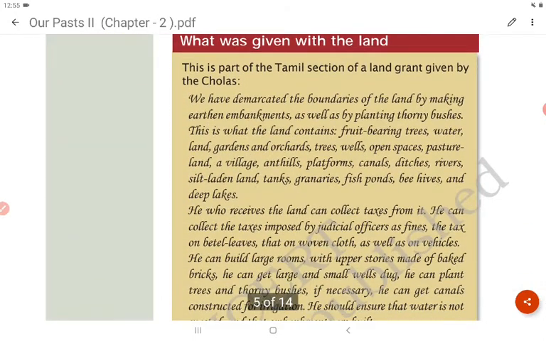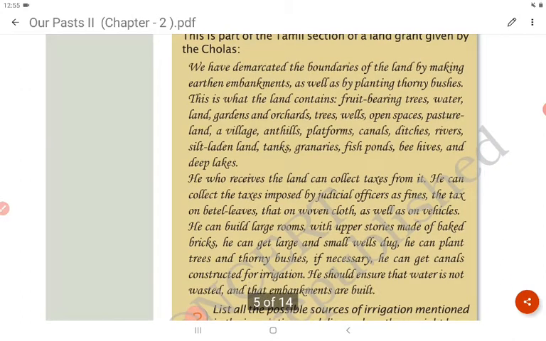What was given with the land? This is part of the Tamil section of a land grant given by the Cholas. We have demarcated the boundaries of the land by making earthen embankments as well as by planting thorny bushes.